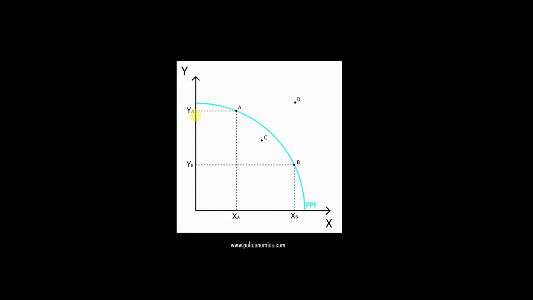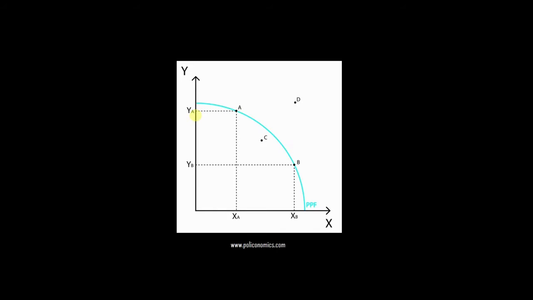So essentially anything on the blue line would be we're going at full capacity. That's essentially where we want to be in the economy. But anything at C is bad for the economy. That means that we're not using all our resources and we're actually wasting our resources. And D is kind of like the thing we cannot reach.